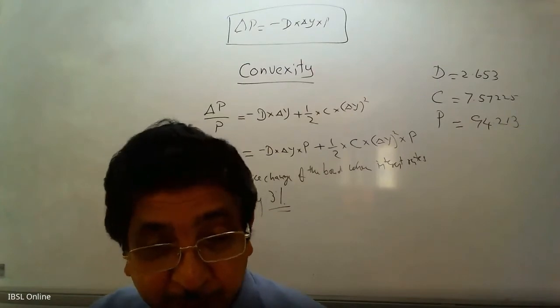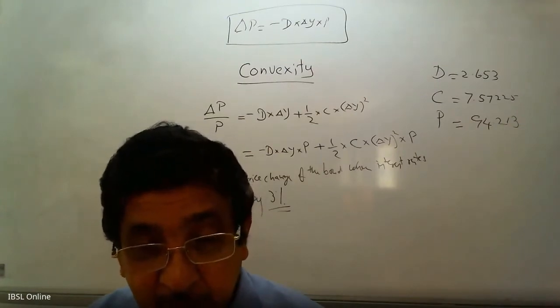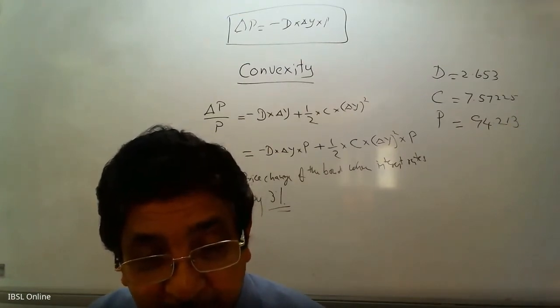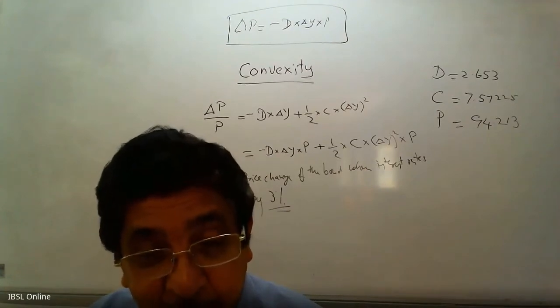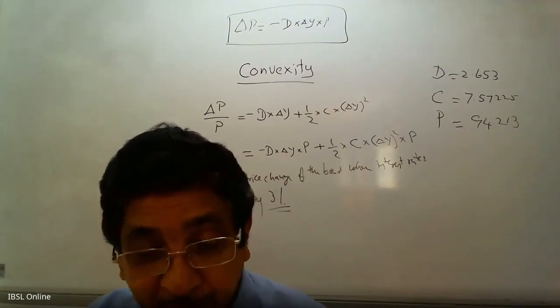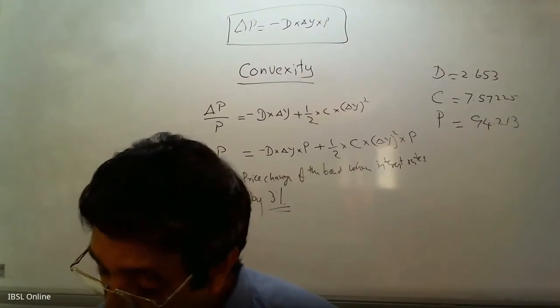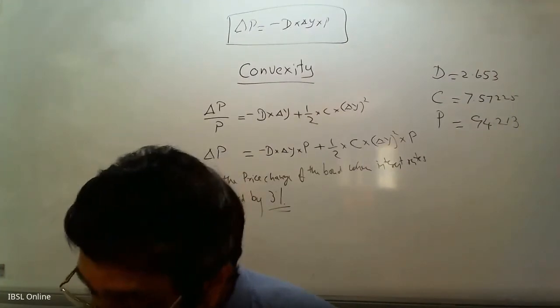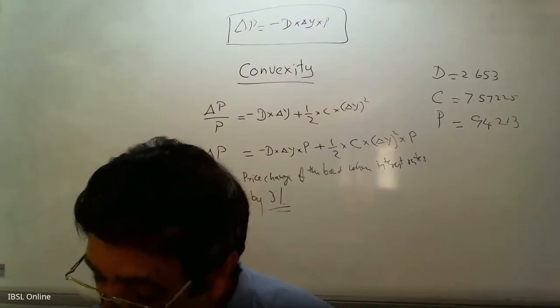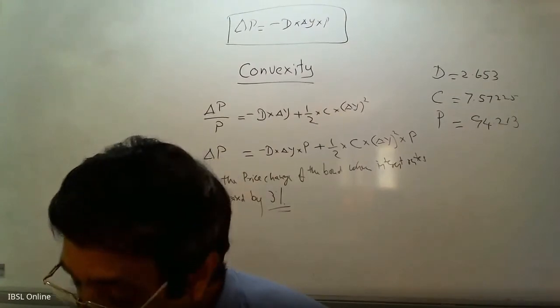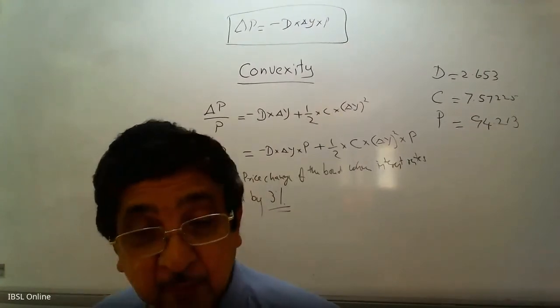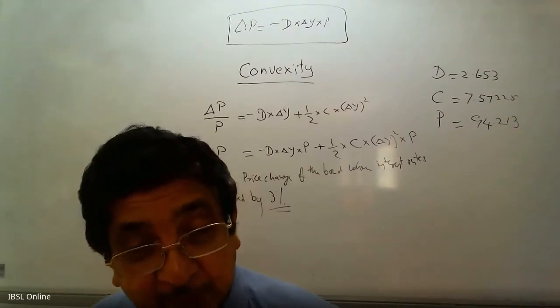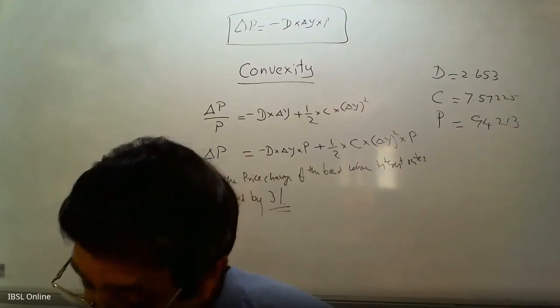So that is another way of doing it. For that calculation we have minus D into delta Y. Minus D is minus 2.653 into delta Y. Delta Y is 3%, taken as 0.03.